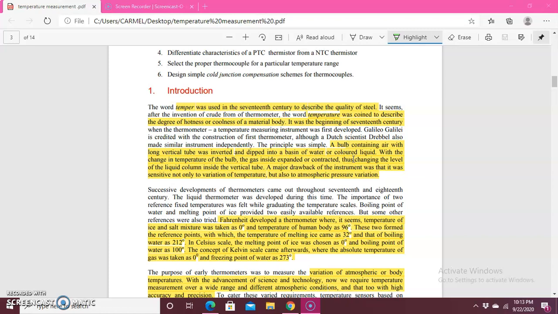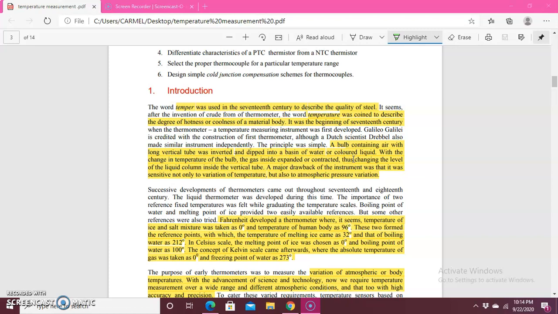This is the basic one we all know. So automatically there will be a change in the level of the liquid inside the vertical tube.